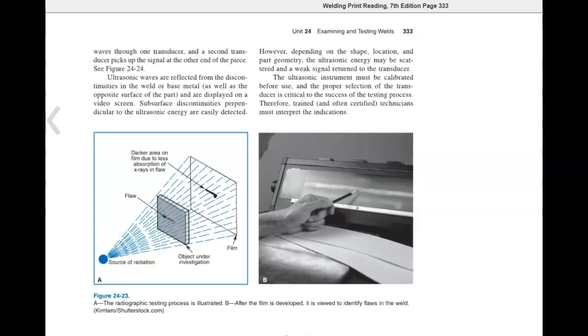However, depending on the shape, location, and part geometry, the ultrasonic energy may be scattered and a weak signal returned to the transducer. The ultrasonic instrument must be calibrated before use, and the proper selection of the transducer is critical to the success of the testing process. Therefore, trained and often certified technicians must interpret the indications.